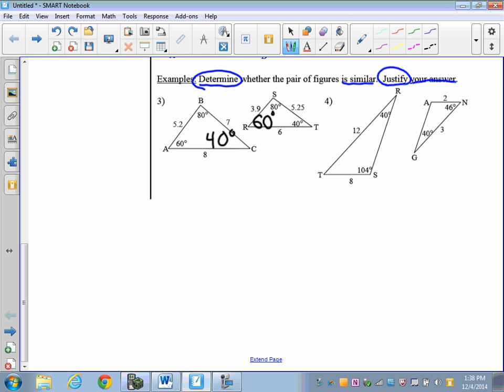So I see that all the angles are the same. So I have angle A is congruent to angle R. Angle B is congruent to angle S. And angle C is congruent to angle T.